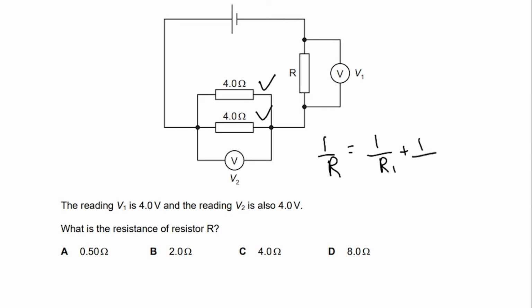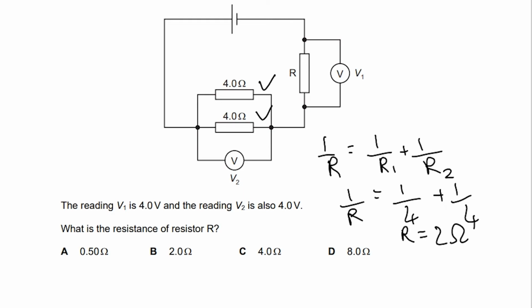So we'll have 1 upon R equal to 1 upon 4 plus 1 upon 4, and the value of R will be 2 ohm. This means that the combined resistance of this circled part is 2 ohm.